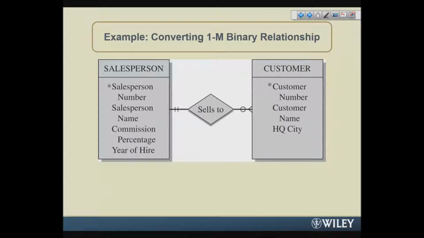What do we mean by data integrity? It means if we are going to update anything in the salesperson, we will update it only in the salesperson table and it will automatically be updated in this table for the foreign key. That will save us a lot of hassle.